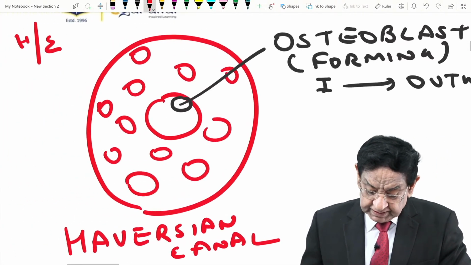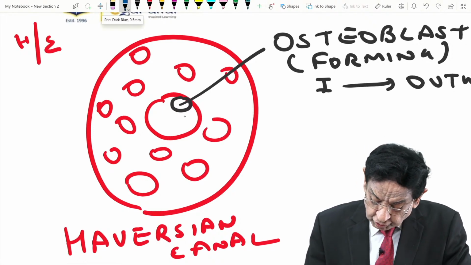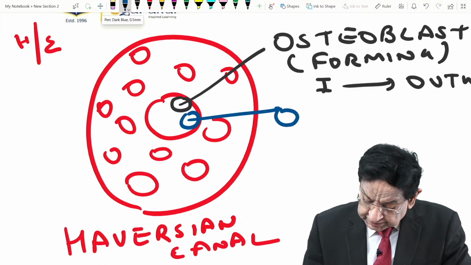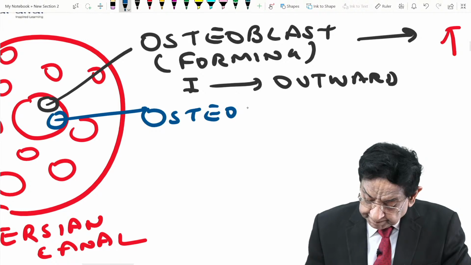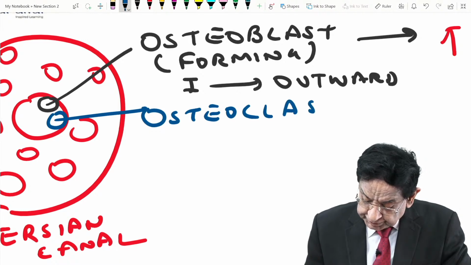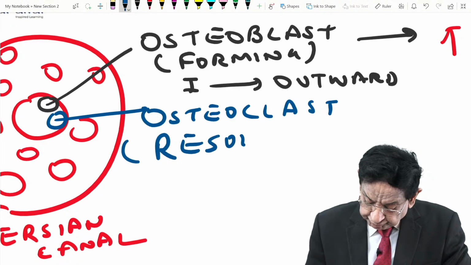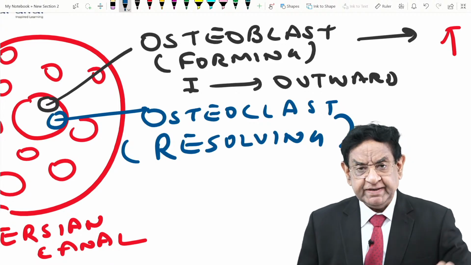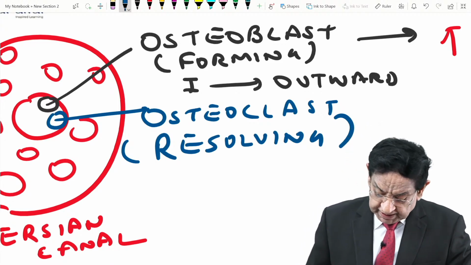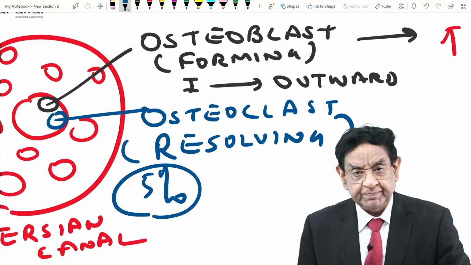Similarly, we have one more cell here, the so-called osteoclast. It is a bone resolving cell. That means at any given time in the adult bone, around 5% of the bones are under constant repair.